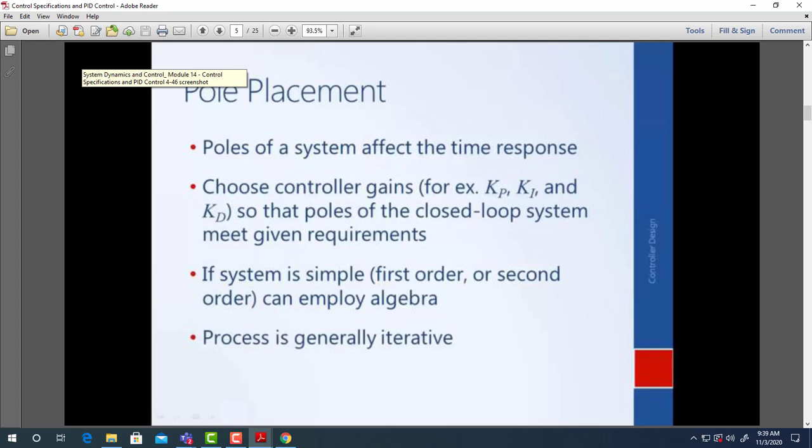If you are still able to approximate your higher order system to a first or second order system, then yes, you can design a controller KP, KI, KD using some algebra, like by hand calculation. If you cannot, then we need to use more advanced techniques like root locus or Bode plot. We'll see, as time permits, how much we can cover from those two techniques later on.